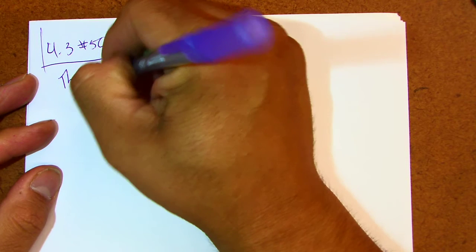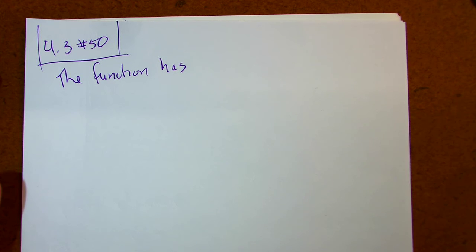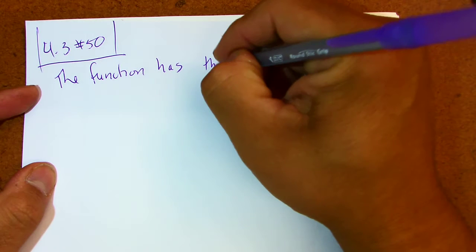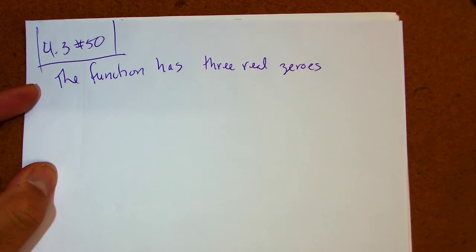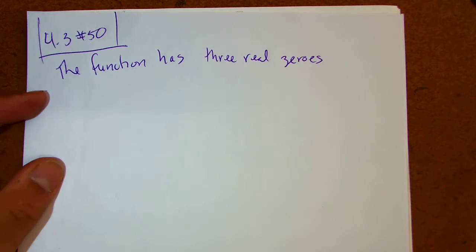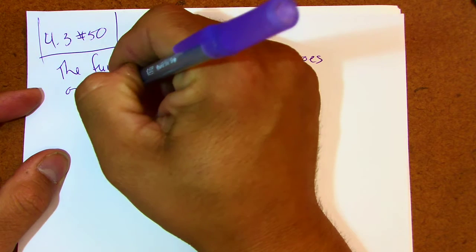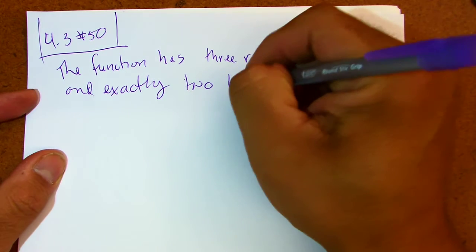All right, so 4.3, number 50. So it states that the function has 3 real zeros and exactly 2 local minima.